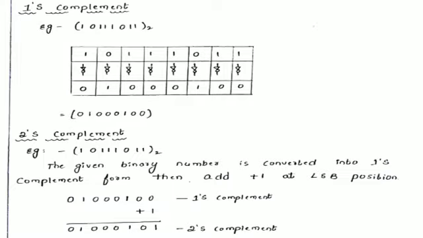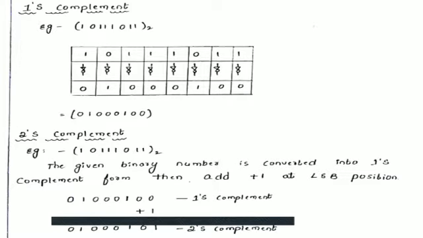So first of all, what is meant by ones complement? How are we going to represent a number in ones complement? I am taking a binary number and converting it into the ones complemented number. In ones complement, we take the negation of the number.